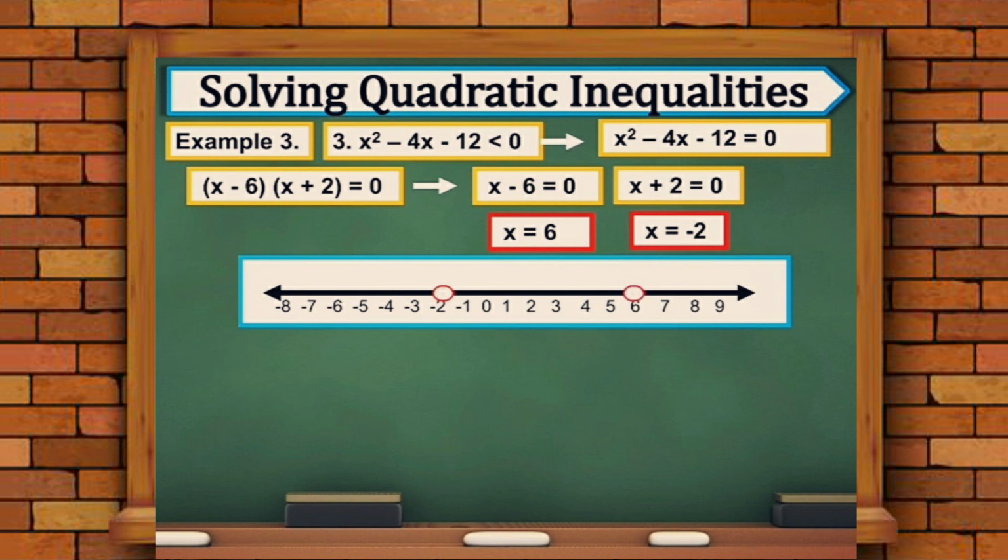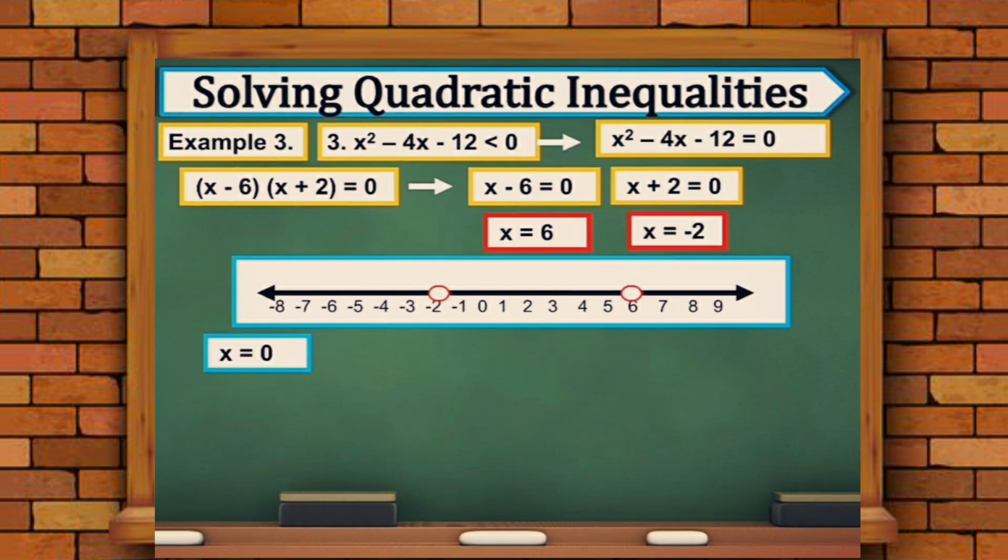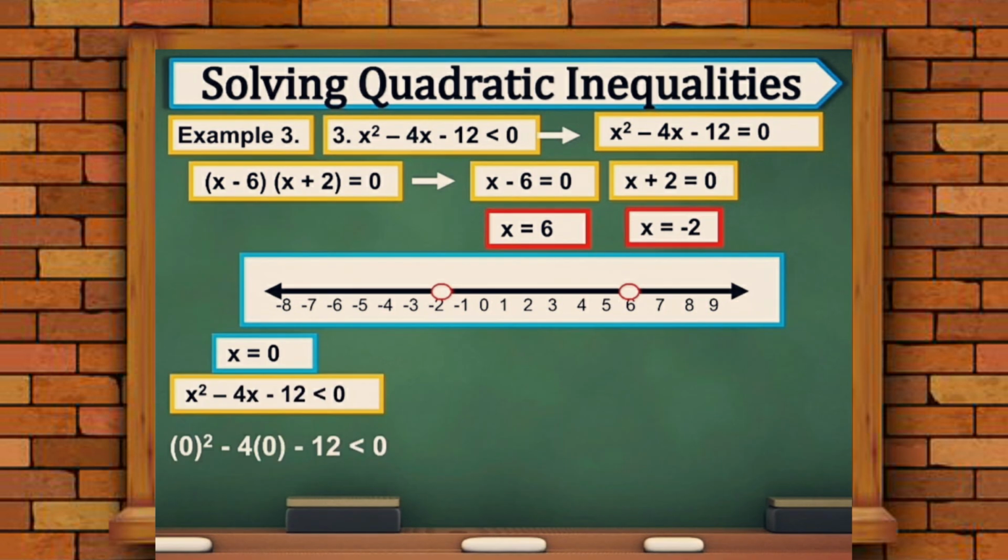Then we will get a test point again, which is 0. Substitute the value of x by 0. 0 raised to the second power minus 4 times the quantity of 0 minus 12 is less than 0.